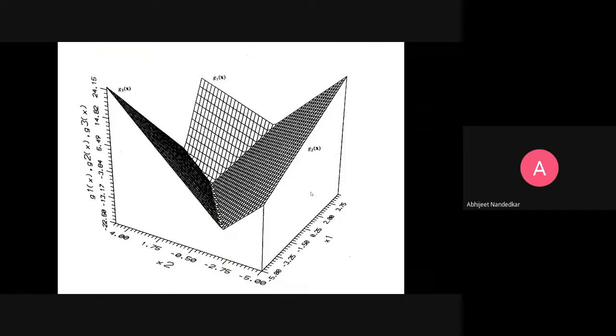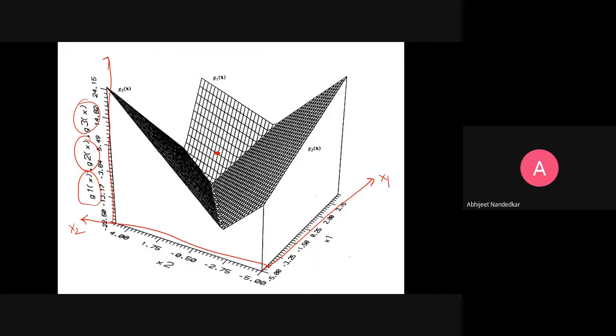And the surfaces are like this. So 5, 5 is somewhere here, on the backside of this plane. This is your x2 axis, this is your x1 axis, and the third dimension is G1x, G2x, G3x.